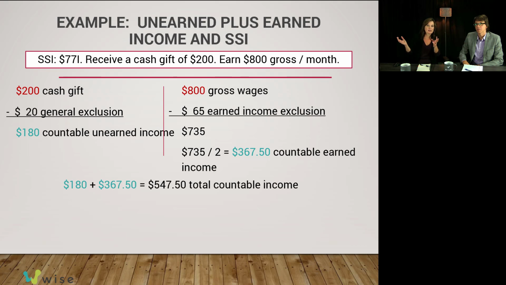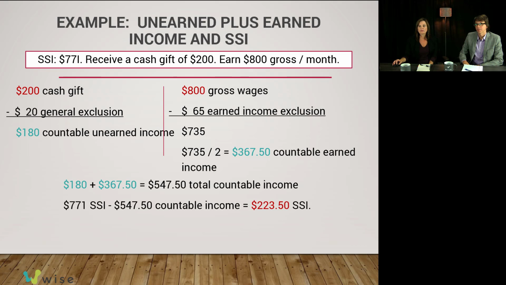And then finally, we need to take both countable income amounts and add them together so that we know what the total countable income is. So the unearned income of $180 that's countable, and the earned income that is countable of $367.50 combined bring us to $547.50 in total countable income.